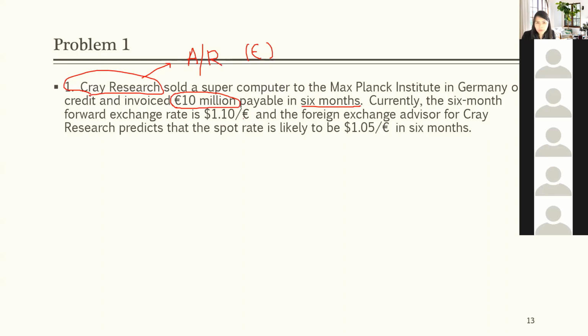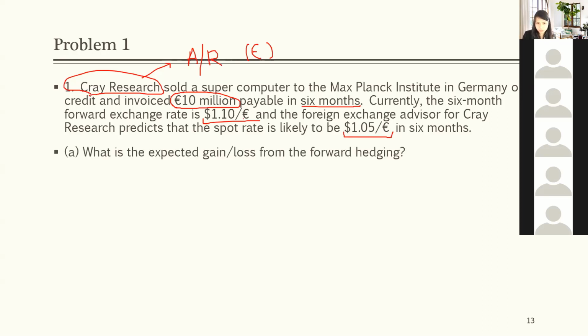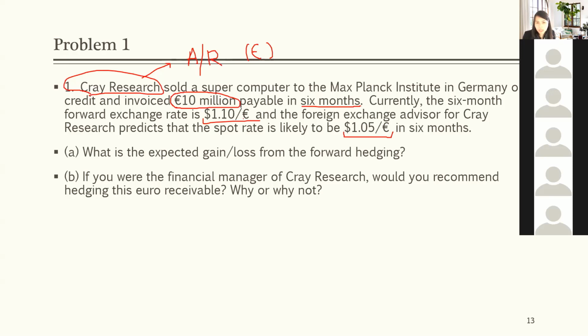We are given the forward exchange rate, and we are given an expected number for the future spot exchange rate, okay? So question A, what is the expected gain or loss of the forward hedging? Question B, if you are the financial manager of the company, would you recommend hedging or not?